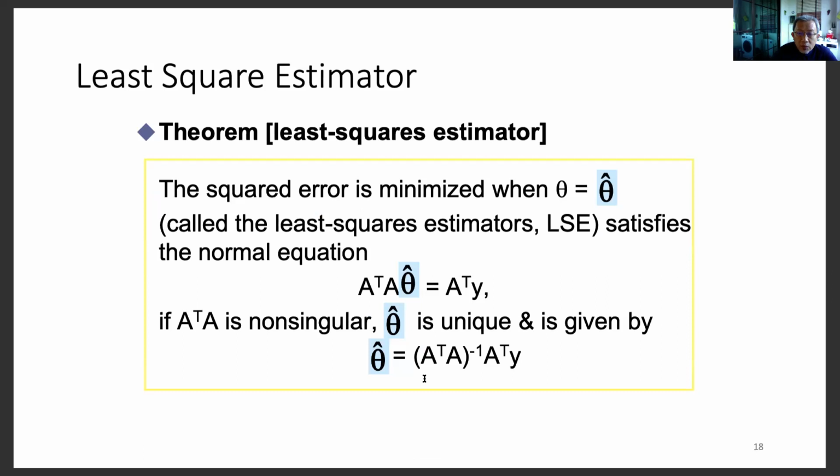We call it the least square estimator, which satisfies the normal equation A transpose A theta cap equal to A transpose Y. So if A transpose A is non-singular, okay, meaning that the determinant is not equal to 0, then theta cap is unique and is given by theta cap equal to (A transpose A) inverse, multiplied by A transpose, multiplied by the output Y.